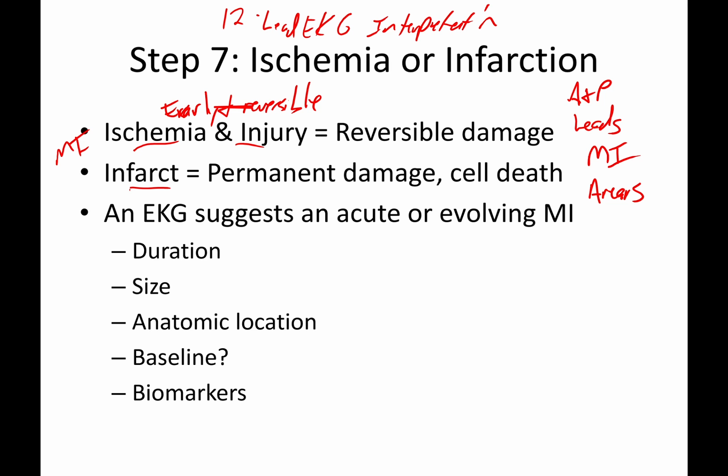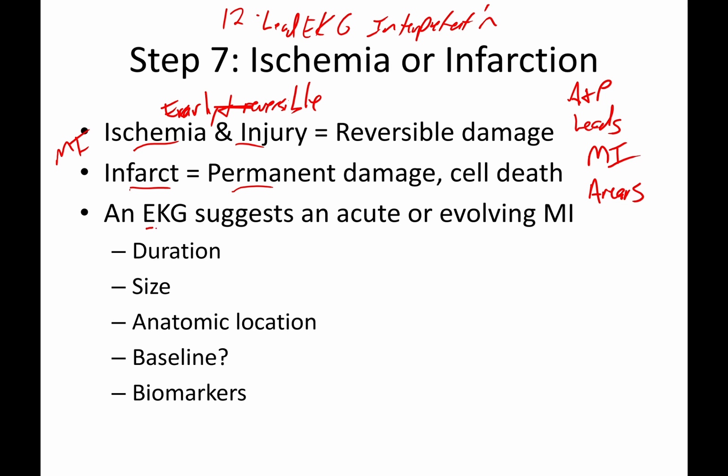Whereas an infarct has resulted in permanent damage, actual cell death, which will result in scar tissue should the patient survive. That infarct also is that huge risk you have for remodeling, electrical issues, electrical conduction problems going forward, and potentially even rupture of the heart muscle itself, things of that nature.